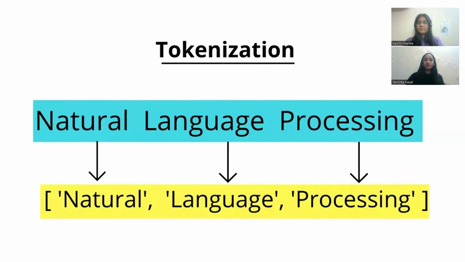Moving on to the next point, speech recognition systems, which include voice-activated assistants like Siri and Alexa, rely heavily on tokenization. When you pose a question or command, your spoken words are first converted into text and then they get tokenized.